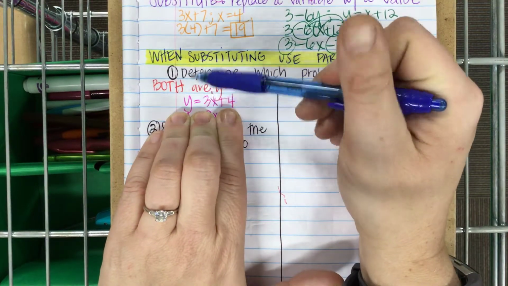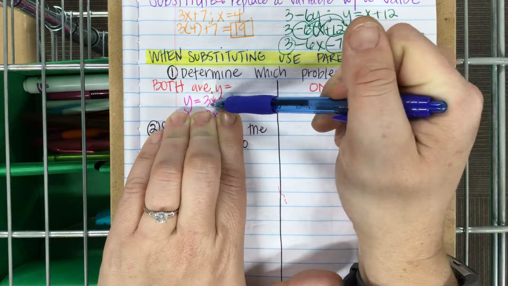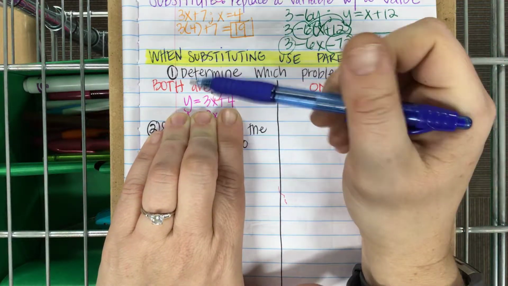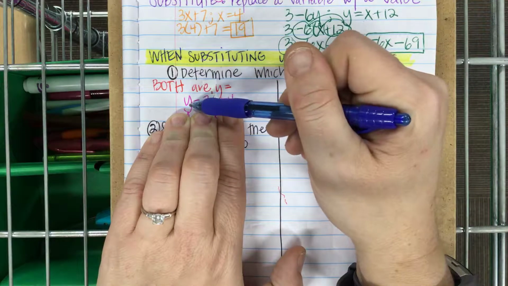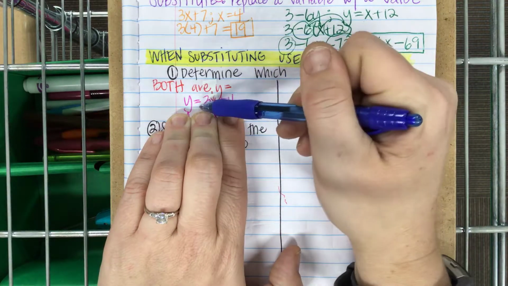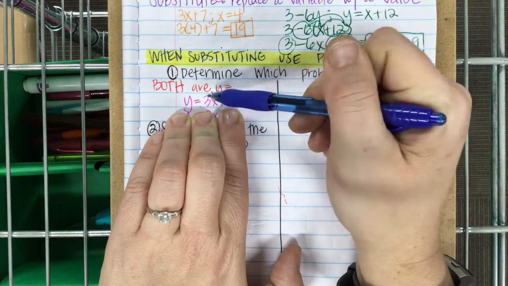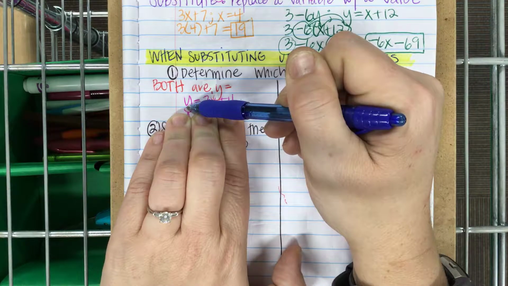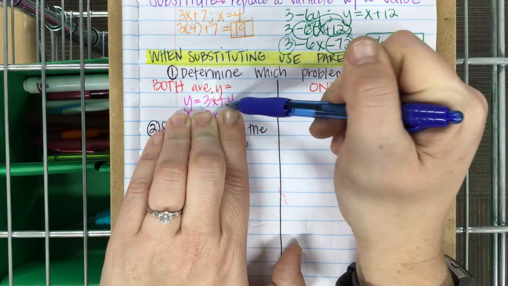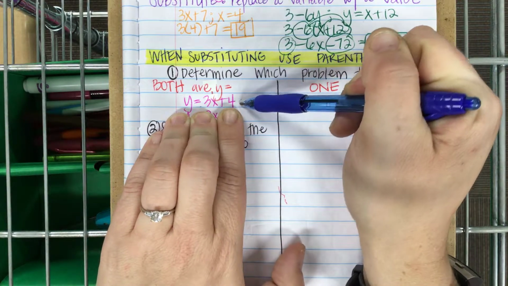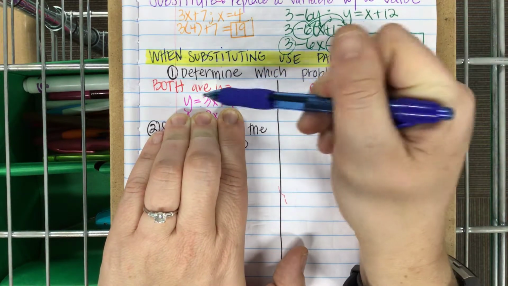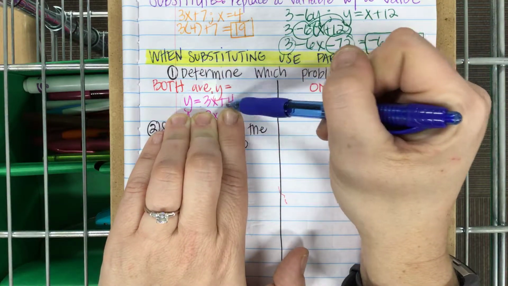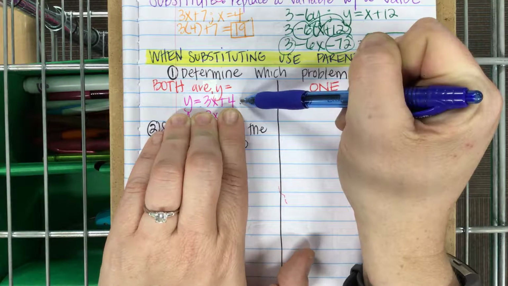The first equation says y equals 3x plus 4. Do you agree? Okay. That means that y is equal to 3x plus 4. y and 3x plus 4 are the same thing. Instead of the variable y, I could write down 3x plus 4, and they mean the same thing.